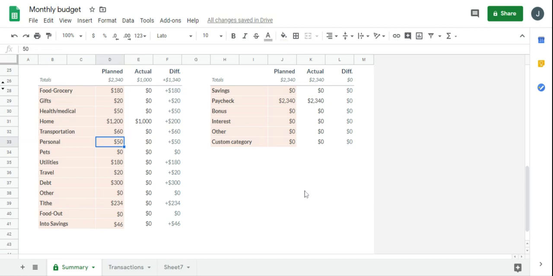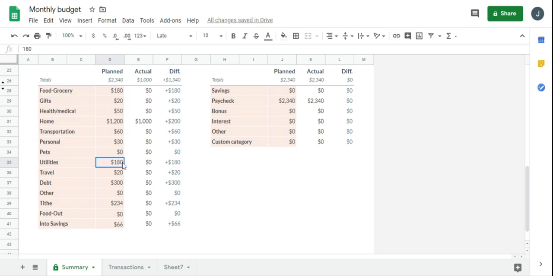Personal, we could cut down on that. Let's say 30. Utilities, we're at 180. There isn't much that we can do for that because most people, their phone bill is in between $60 and $100 per month.